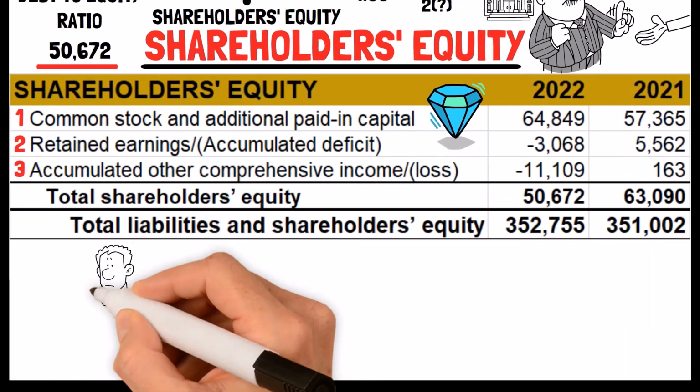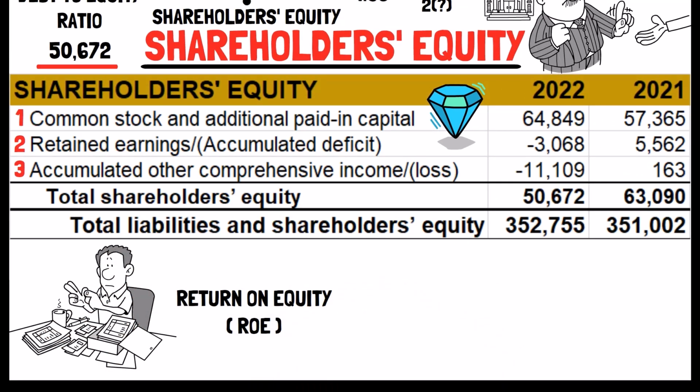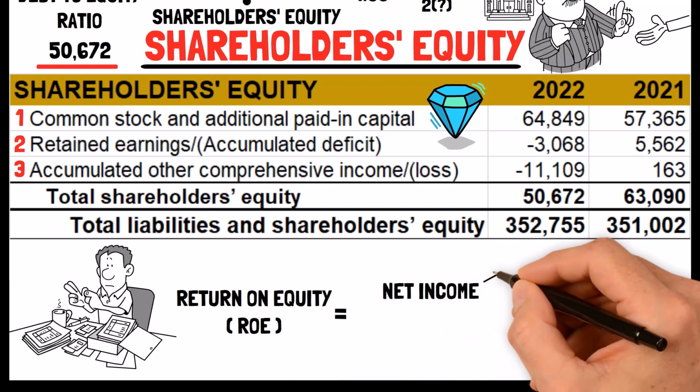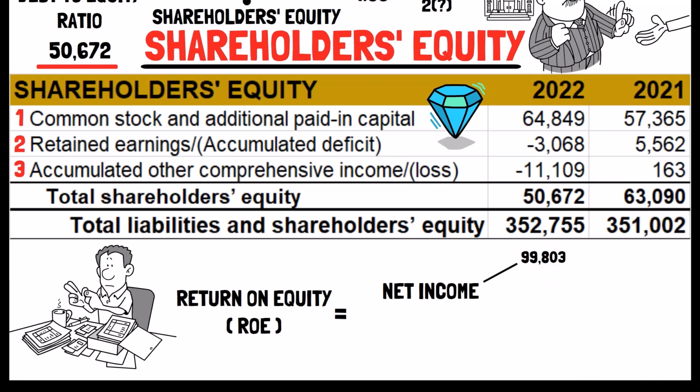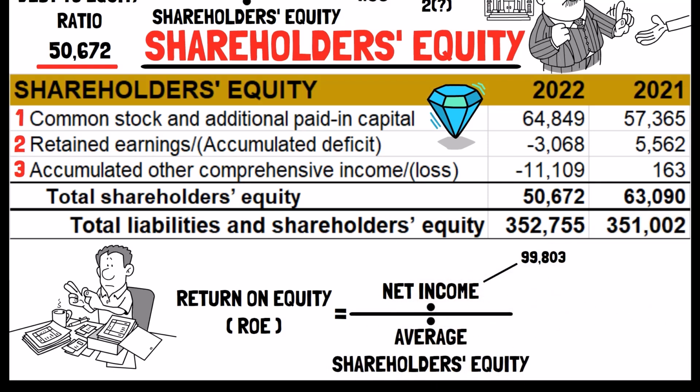To measure the financial performance, the return on equity (ROE) can be used. Divide the net income, which equals 99,803, by the average shareholders' equity, which is calculated by adding total shareholders' equity from 2022 to 2021, and dividing by 2, which equals 56,881.